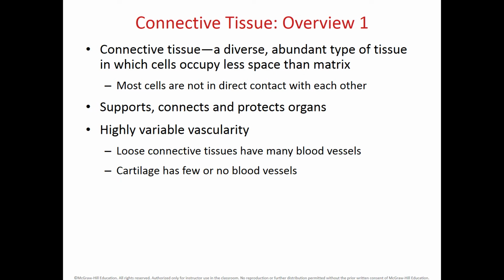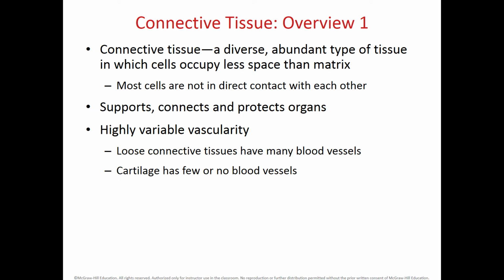And then the last key point for this chapter is, what are the similarities between cartilage and bone? Both are connective tissue, both have cells located within lacunae, both have an outer membrane, and both have a matrix that is made of collagen fibers.